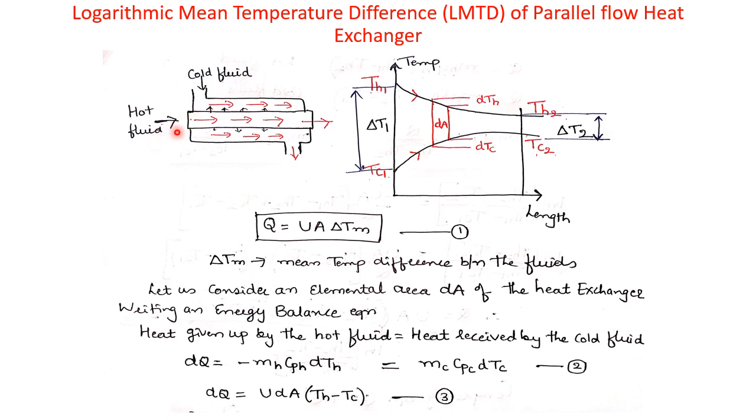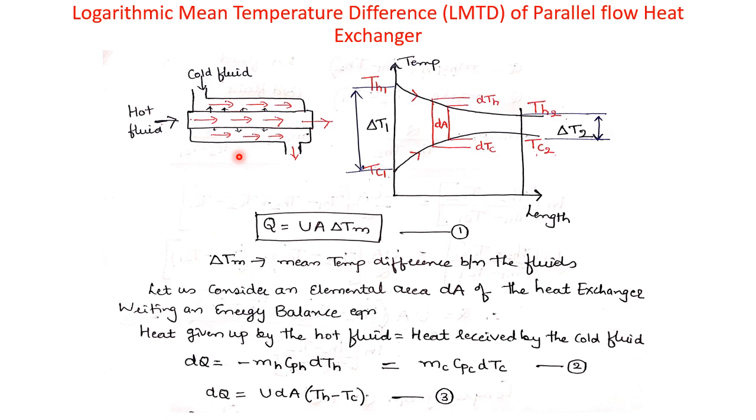So there is no loss of heat to the surroundings. Practically there are heat losses to the surroundings, but here we are not considering them. Here we are considering only the heat exchange between the hot fluid and the cold fluid.